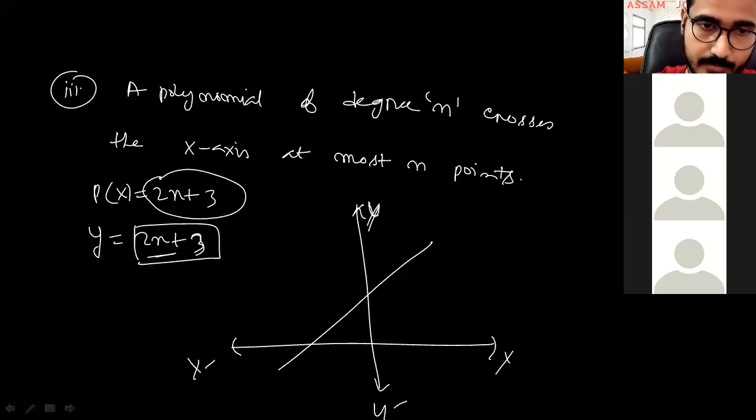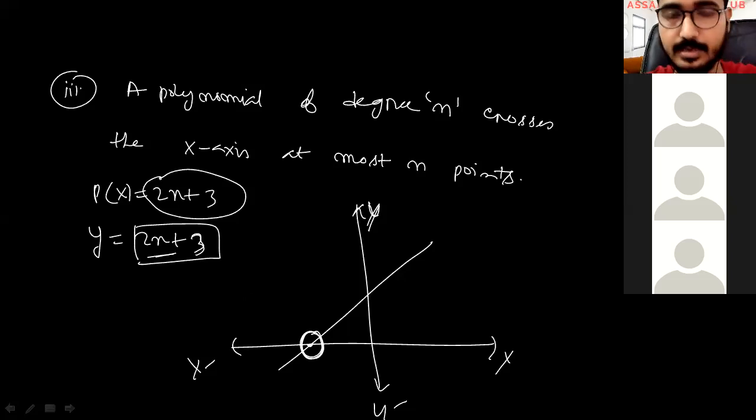So the polynomial is in terms of x, so you have to look at how many points the graph cuts the x-axis. How many points? 1 point. So the solution of this polynomial, how many solutions does it have? It has only one solution.